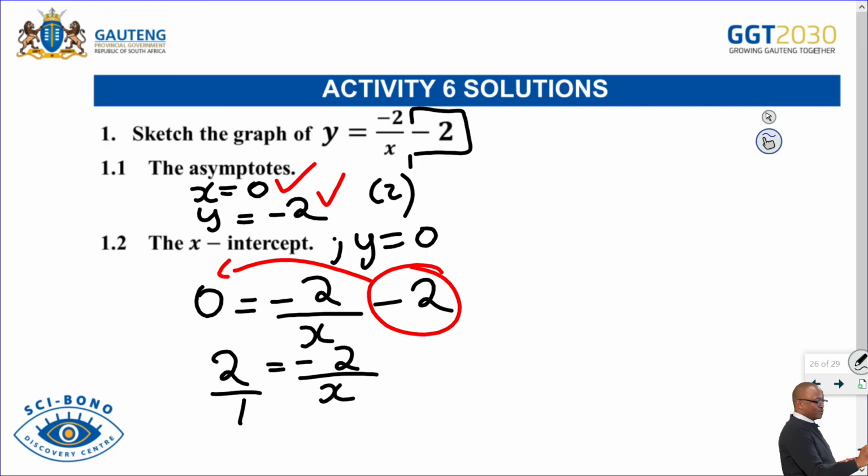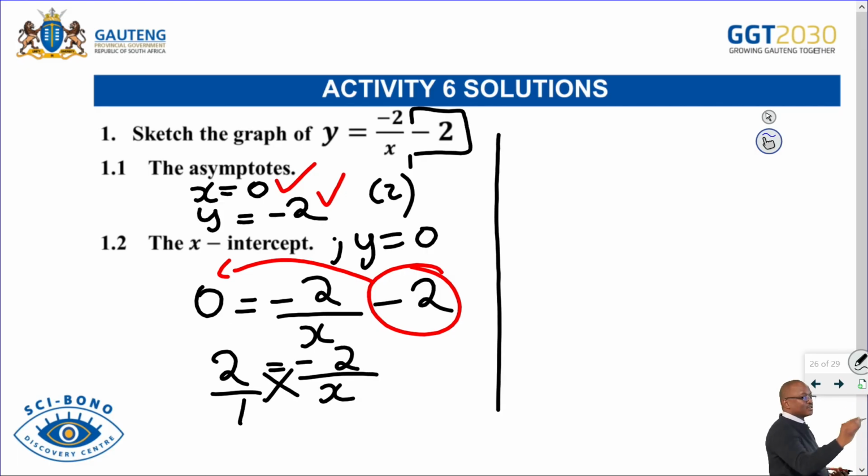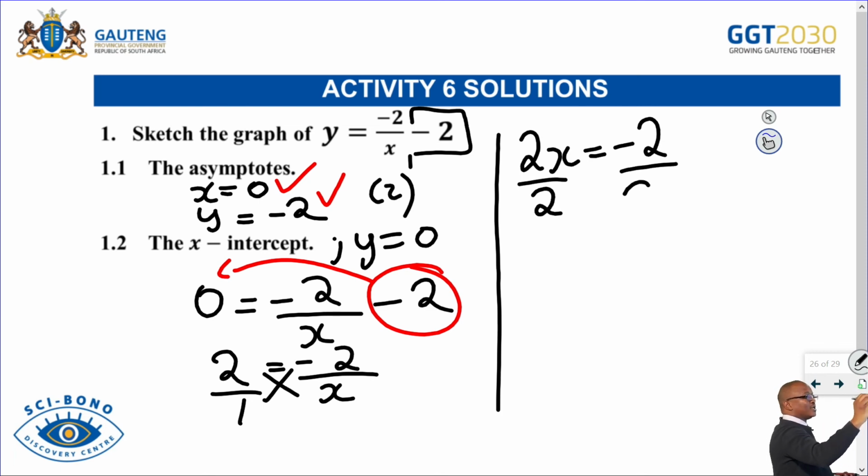We multiply both sides by x, so 2x is going to be -2. Then we divide both sides by -2, 2 cancels 2, and your x is going to be -1.